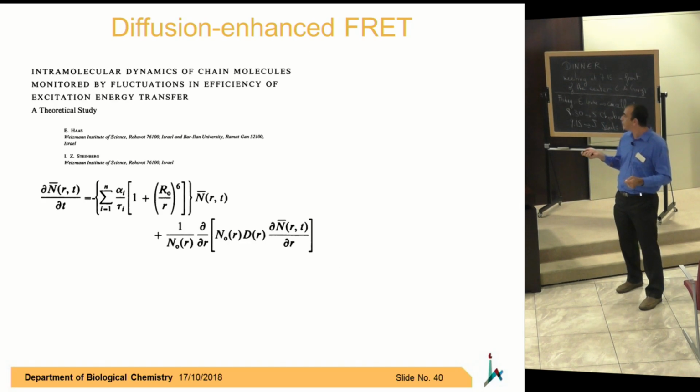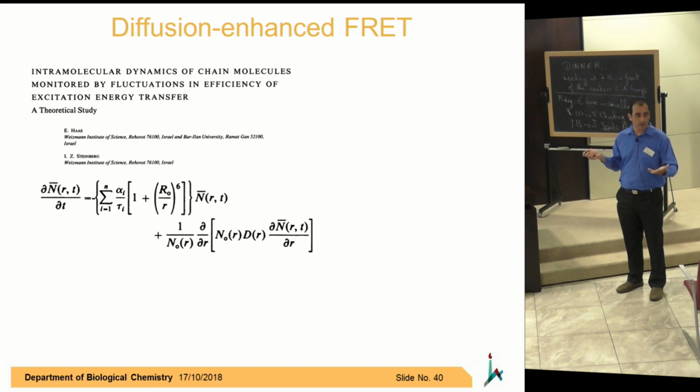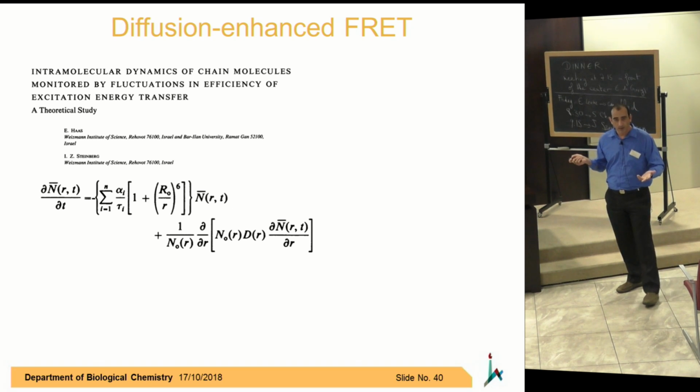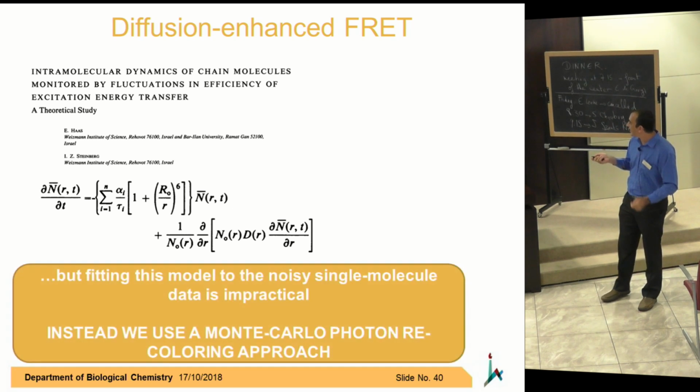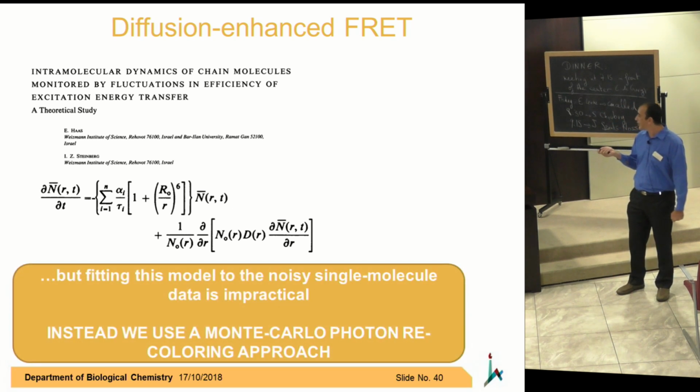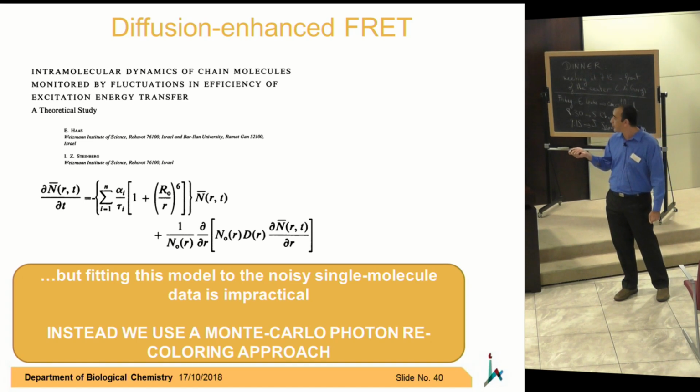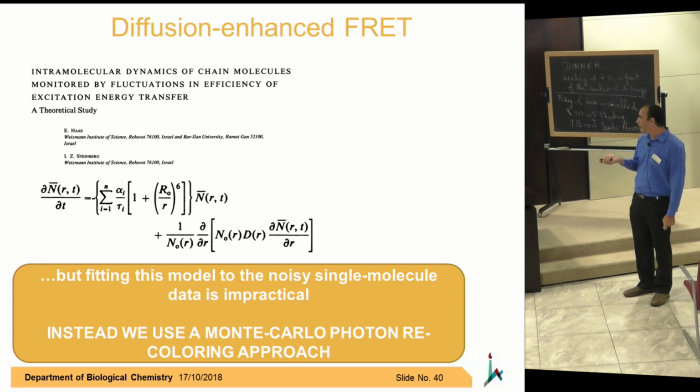So, as I said, this was already discovered and modeled by Haas and Steinberg, big guys in the FRET field. But the problem is that this Smoluchowski equation that is inhomogeneous due to this spectrum of depletion times is impractical.